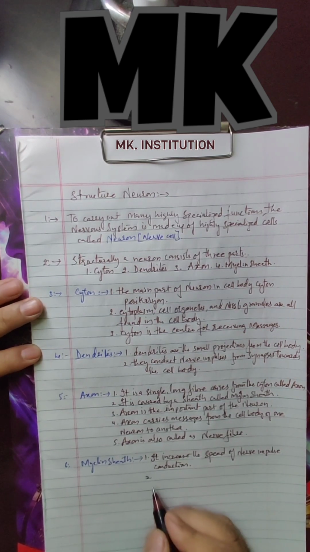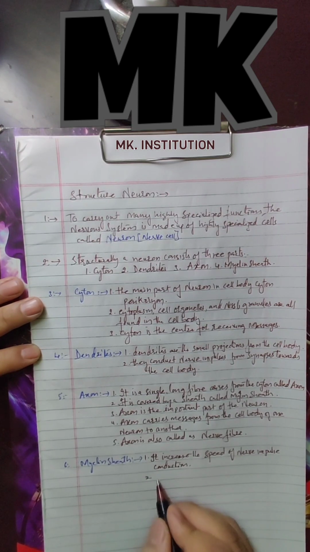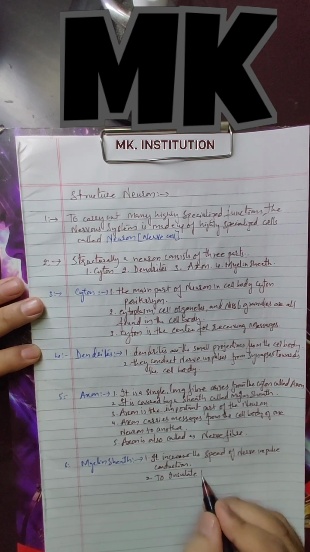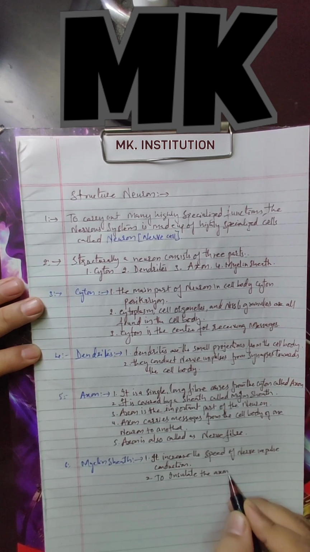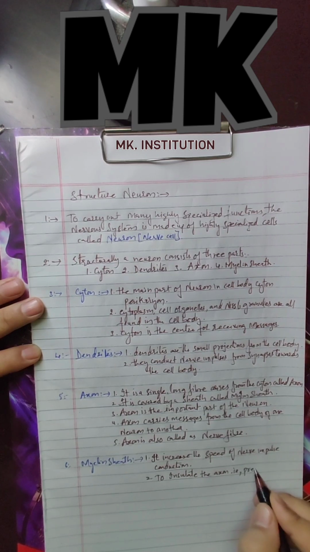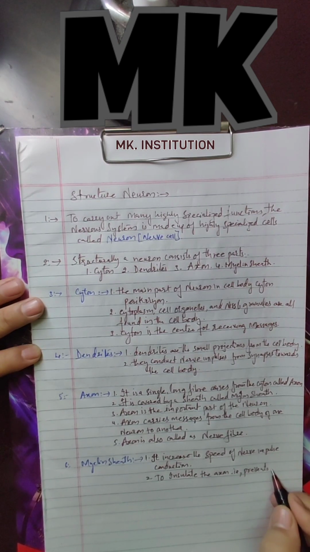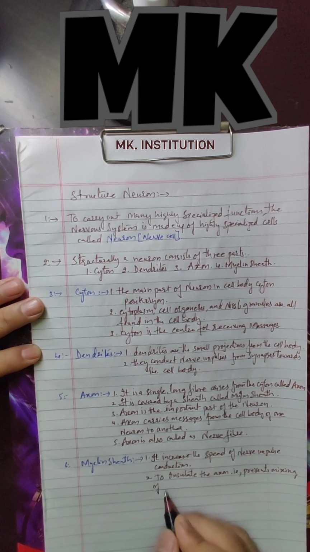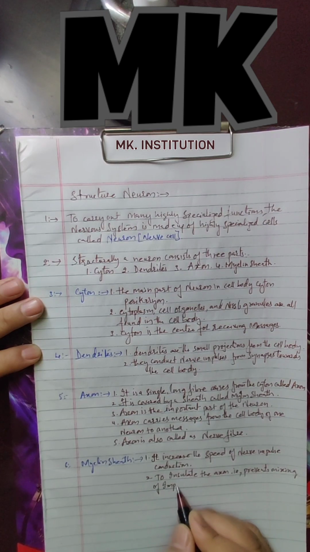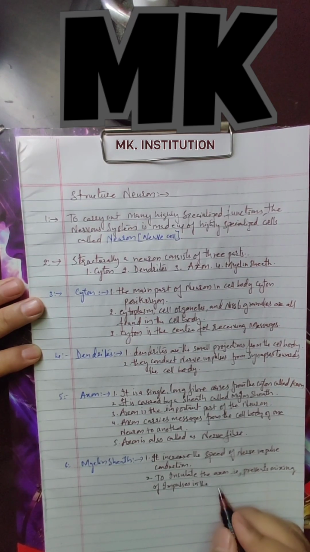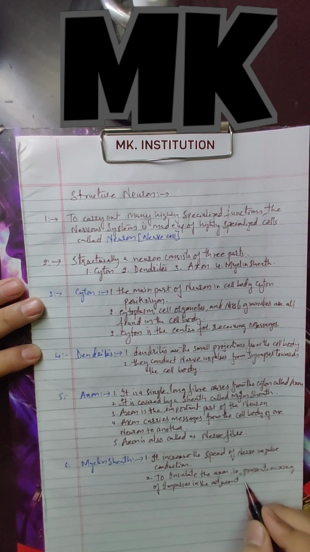And what is the second point in this? To insulate the axon, that is, it prevents mixing of impulses or messages, you can tell, in the adjacent fibers.